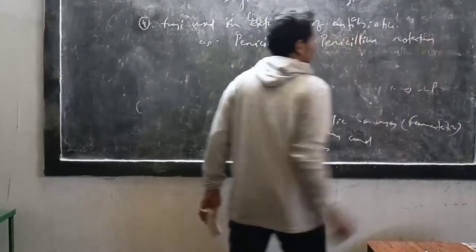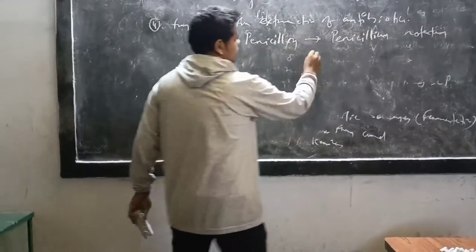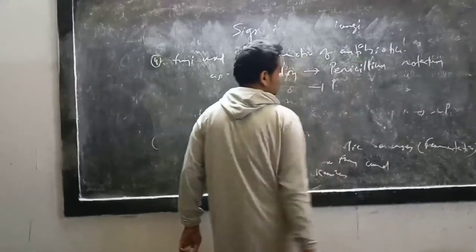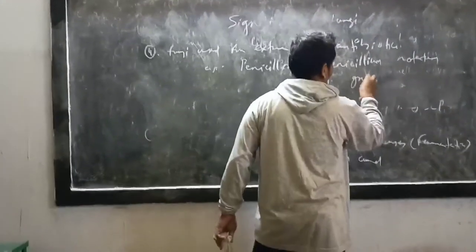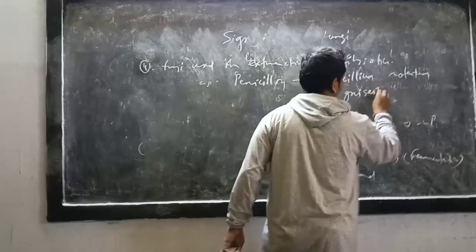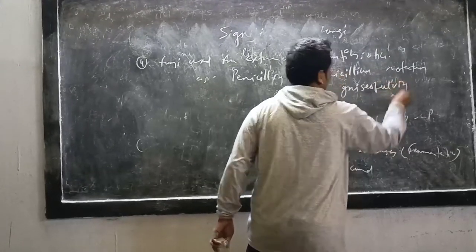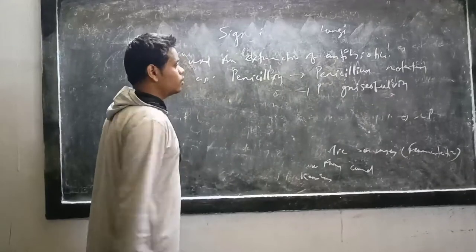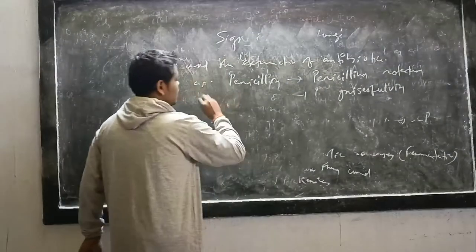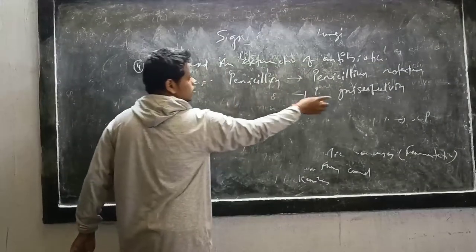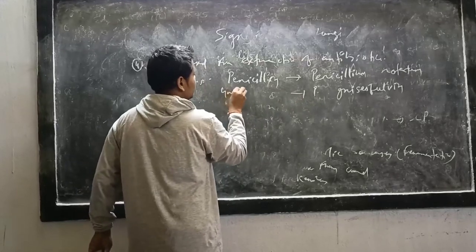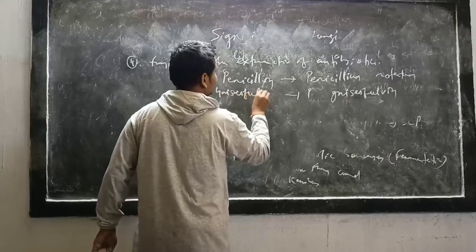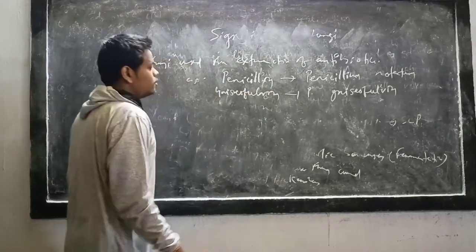From another fungus, Penicillium griseofulvum, another antibiotic is extracted, that is called griseofulvin. It is another type of antibiotic.